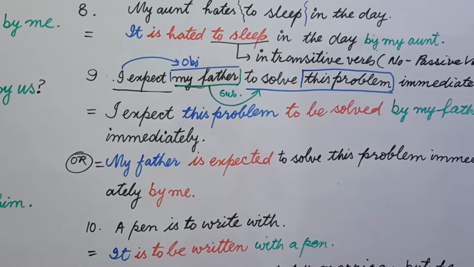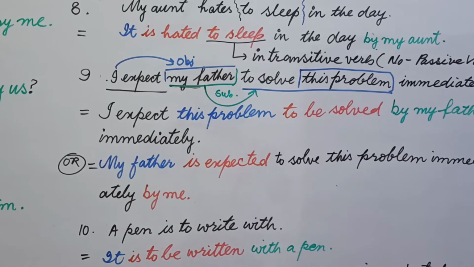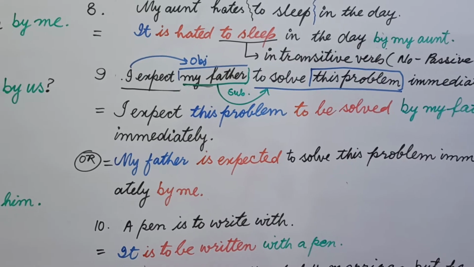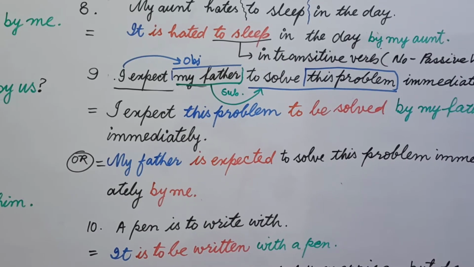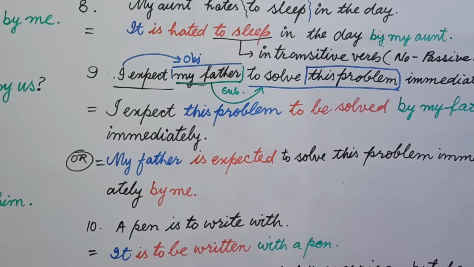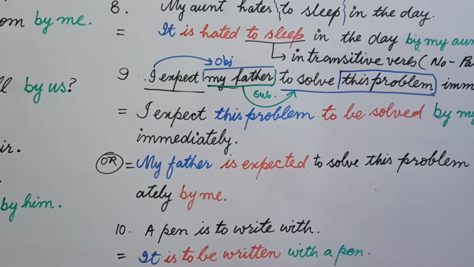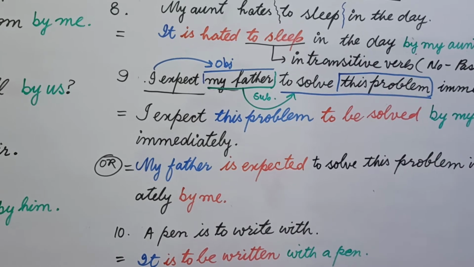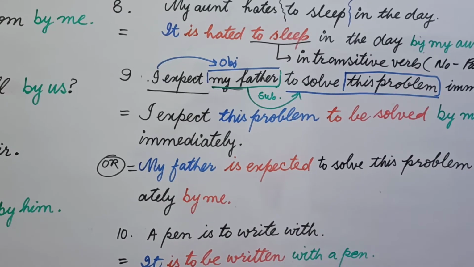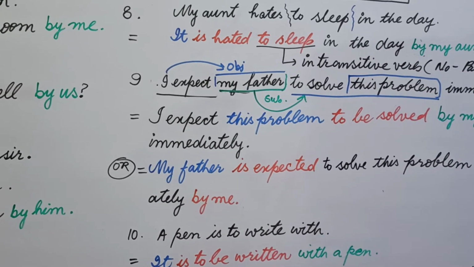Some verbs don't have any object at all. The verbs that don't have any object at all are called intransitive verbs, meaning without object. But some verbs have objects, and those are called transitive verbs, and sometimes they temporarily don't have an object after them. It doesn't matter.